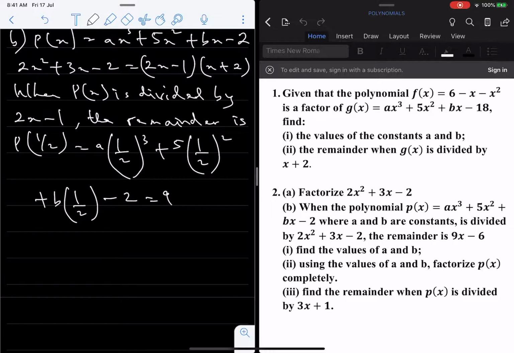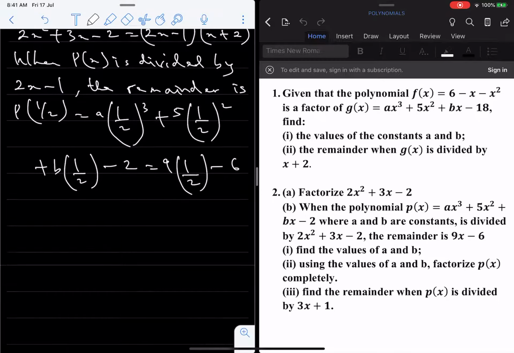And that remainder is 9x minus 6, which is the same as 9 times 1 over 2 minus 6.